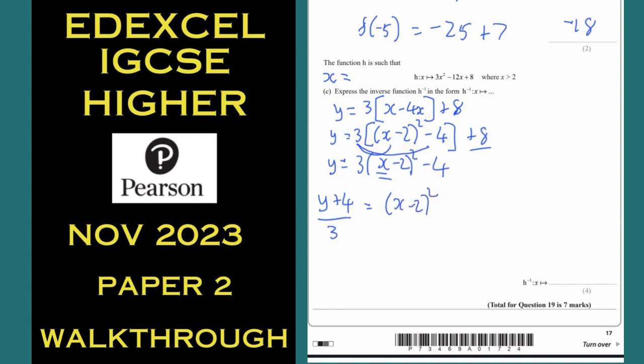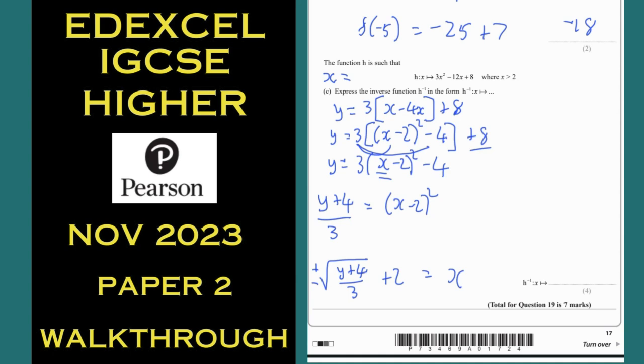We're getting closer. Let's get rid of these brackets by square rooting both sides. And adding 2 to both sides. So we have indeed made x the subject.